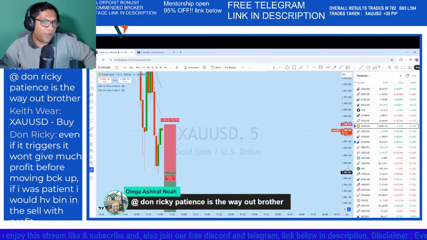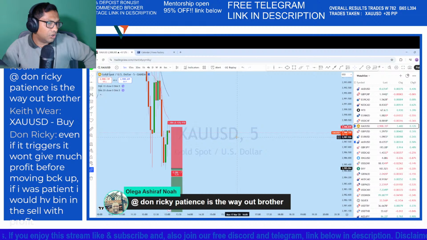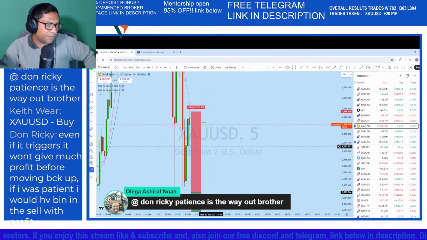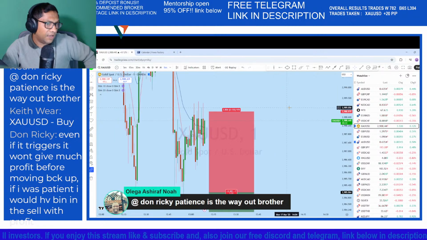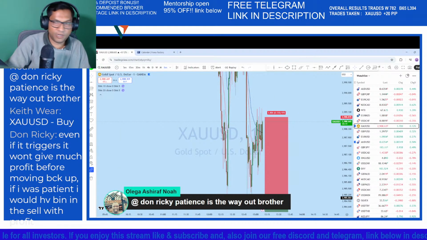Right, guys, so you can see the 5 minutes candle closing as a doji. Now if it is closing as a red doji, expecting to have another one to come back here again to create a new lower low.